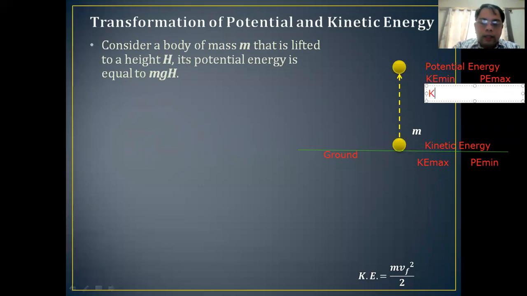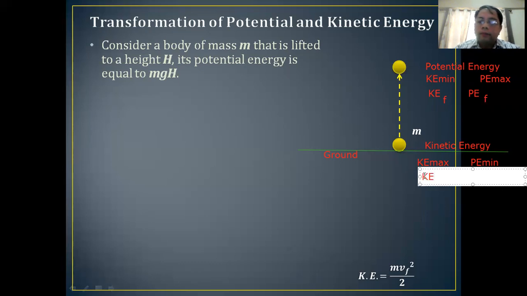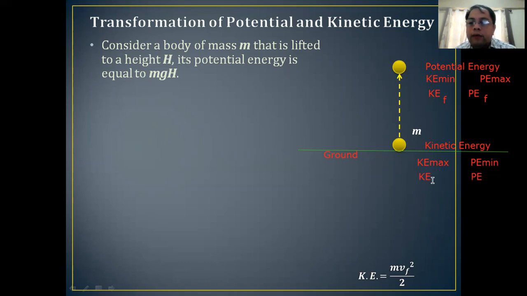We can call it KE2, the end value, and PE2 at the top, or maybe you can call it final, F. And at the bottom we could have KE initial, our initial kinetic energy and our initial potential energy. We can call it with a subscript I.